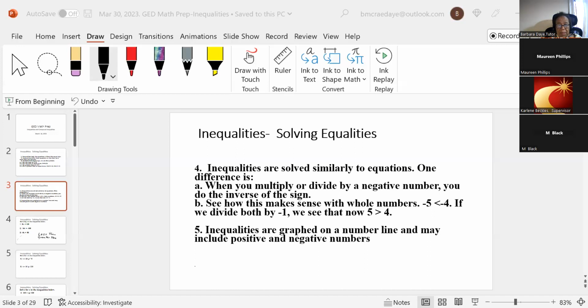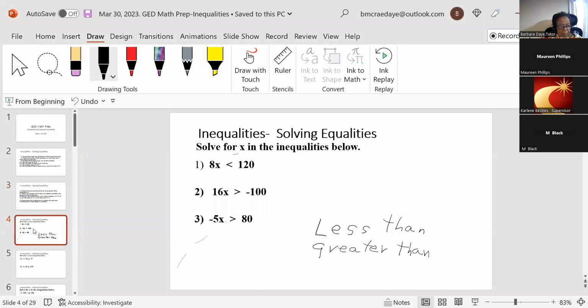Can you see the chat messages? Oh, I see. Please send answer for 1, 2, and 3. Yes. Okay. I'll soon send you my answer, miss. Give me just a few seconds. All right. Maureen, you saw my chat message? Yeah. Okay. Let me see.